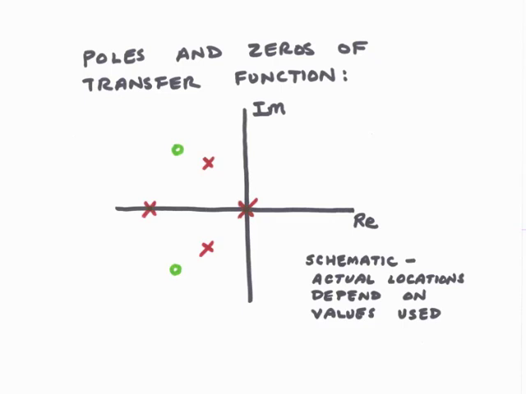And then we have one pole that's on the real axis. The characteristic mode associated with this pole is an e to the minus at, where the pole is located at minus a. We know the impulse response will have a form that is the sum of these characteristic modes.